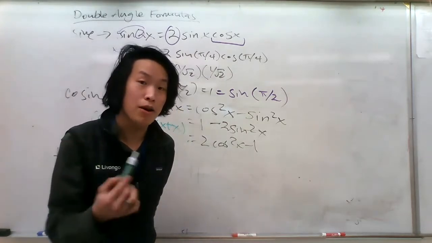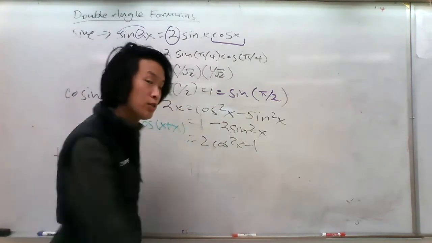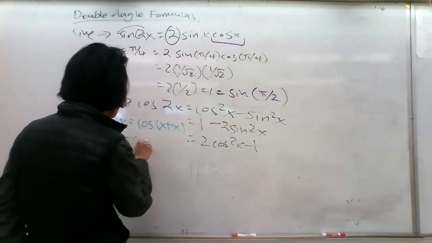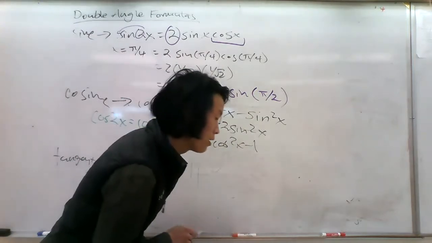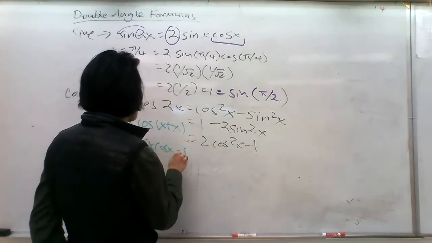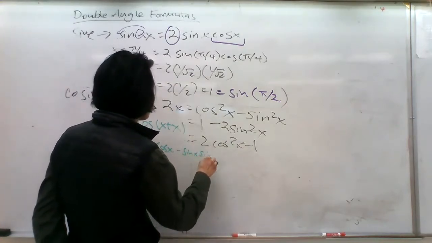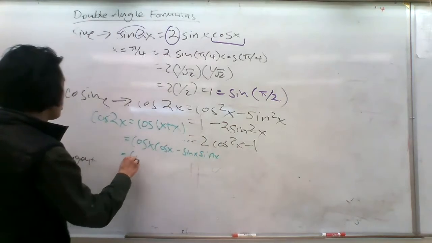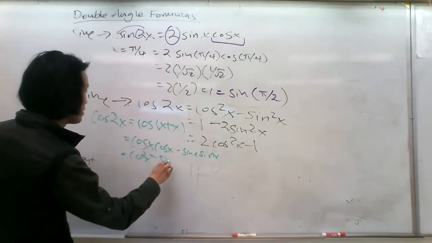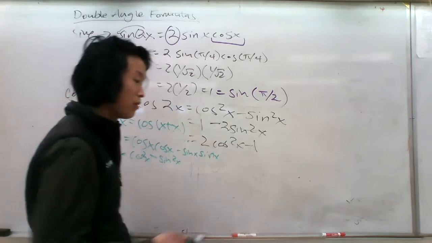Now if we use the sum property of cosines, we get the following. Cosine of x times cosine x minus sine x times sine x, which is cosine squared x minus sine squared x. Okay, so that's the proof of it right there.